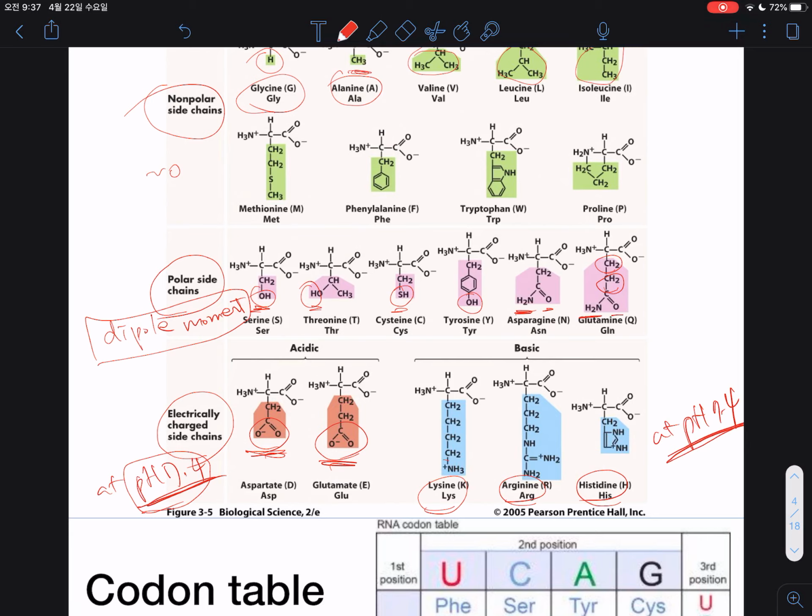As you see, this lysine has an NH3 plus group at the end, and this arginine has an NH2 and NH2 plus group at the end, and this histidine has a nitrogen-containing, 5-membered ring, and one of these nitrogens can have protons, so that they are positively charged.